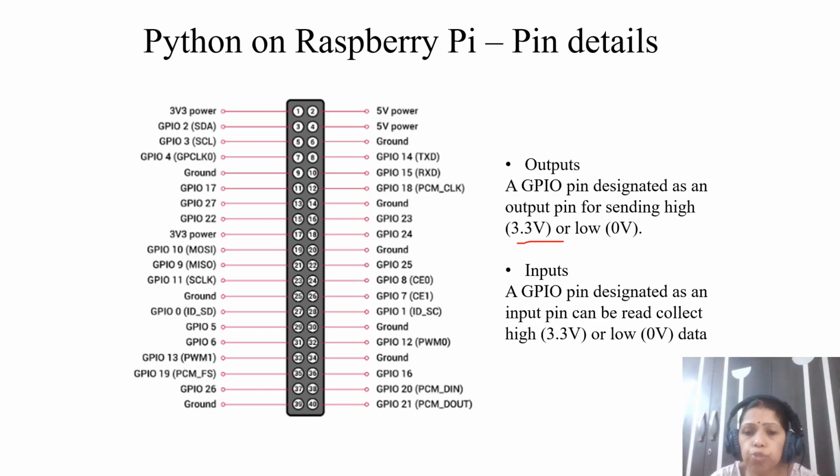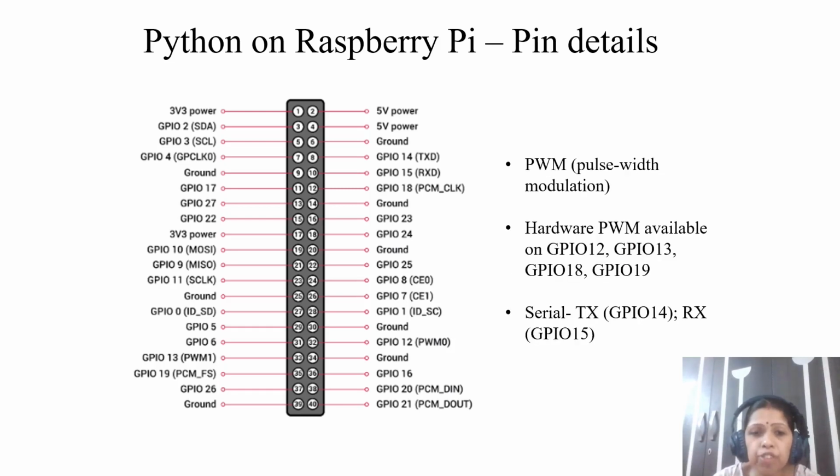And for sending logic 0, you have to send 0 volt. Okay, and for input also. For output, normally you're sending data from the Raspberry Pi to the external device, and for input we are reading or collecting data from the external device to the Raspberry Pi. I have already discussed this when I discussed the Arduino.